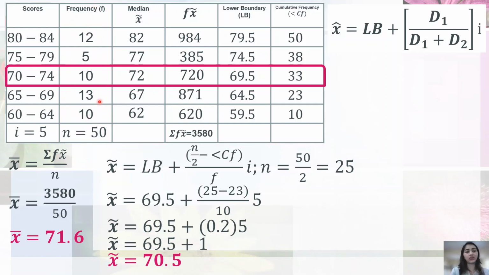Yes, that is 13, and that is the score 65 to 69. So, we focus on the frequency, and the class across from it is our modal class. This 65 to 69 is what we call the modal class.